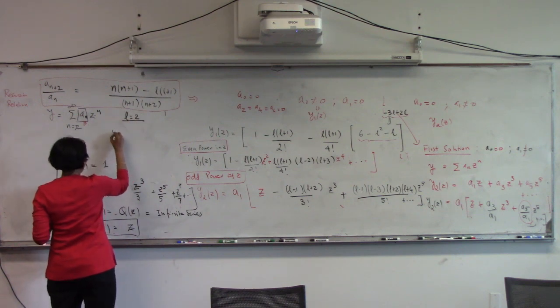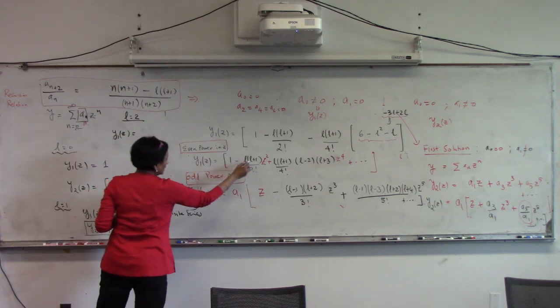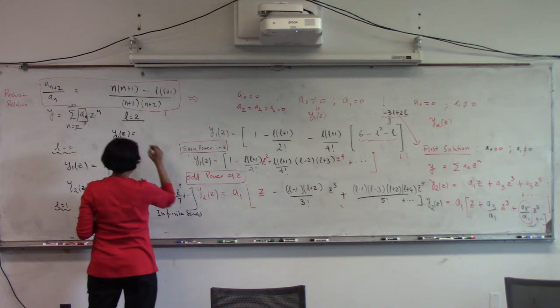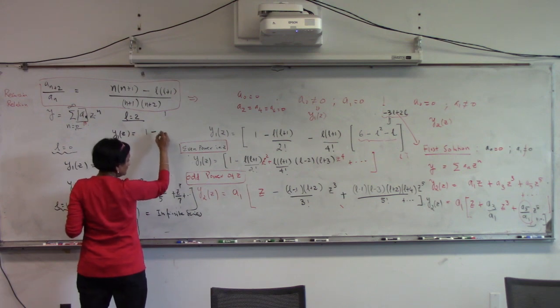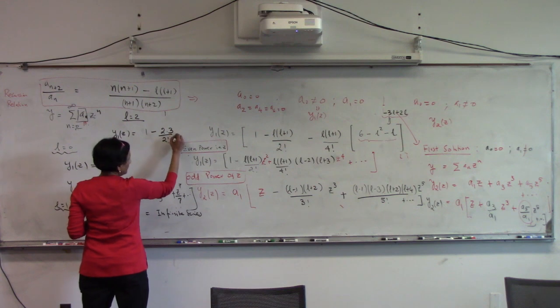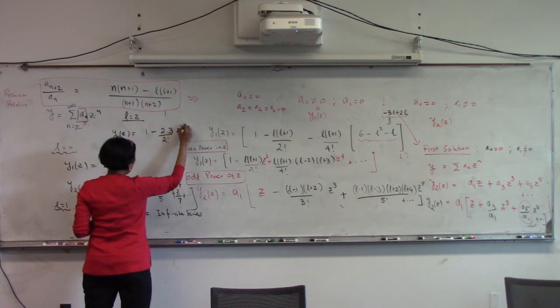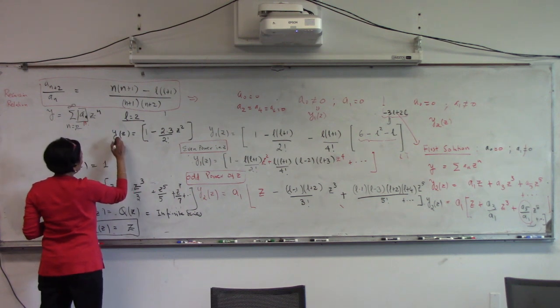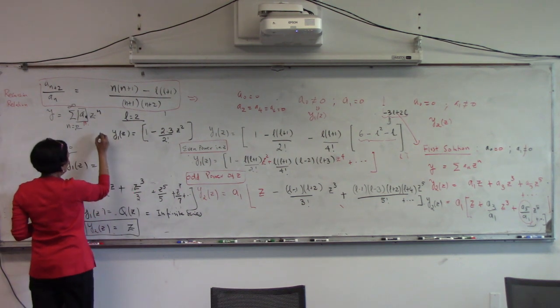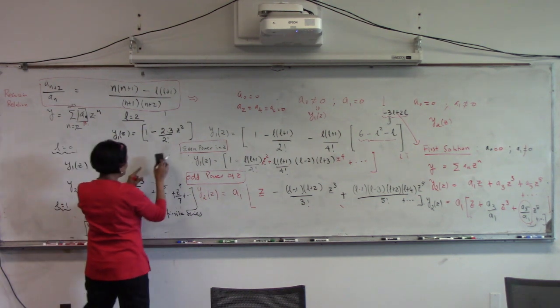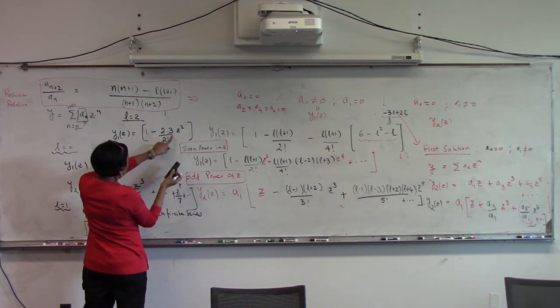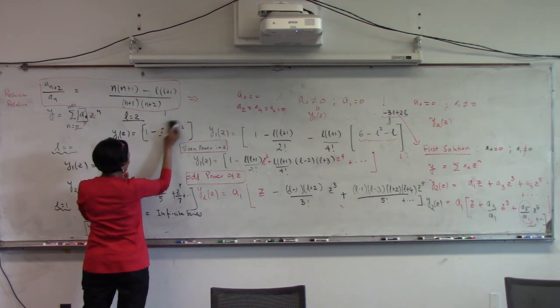One of the solutions becomes a polynomial. L equal to 2, right? 1 minus 2, 3, 2 squared z squared. I'm tempted to introduce a notation, but I'll do it in a minute. So this is nothing but 1 minus 3z squared.